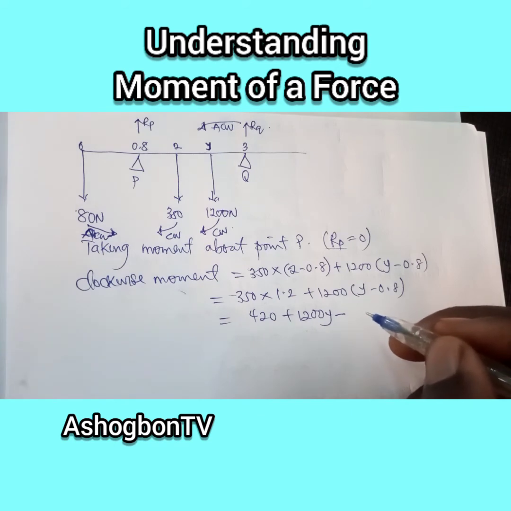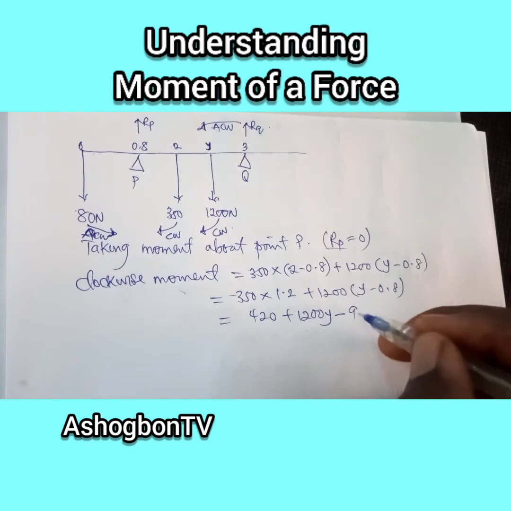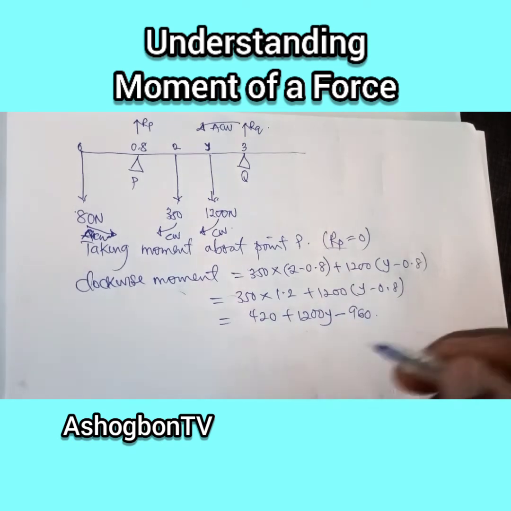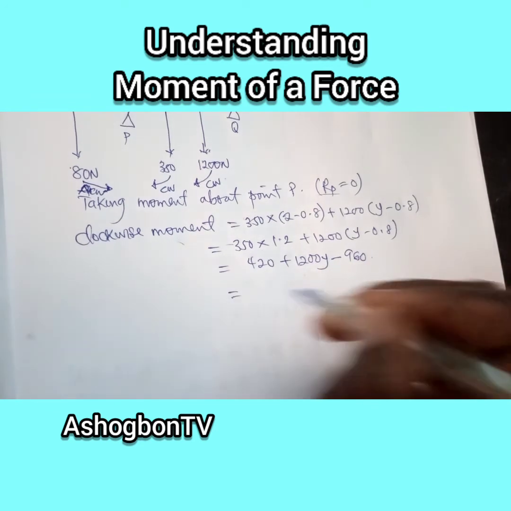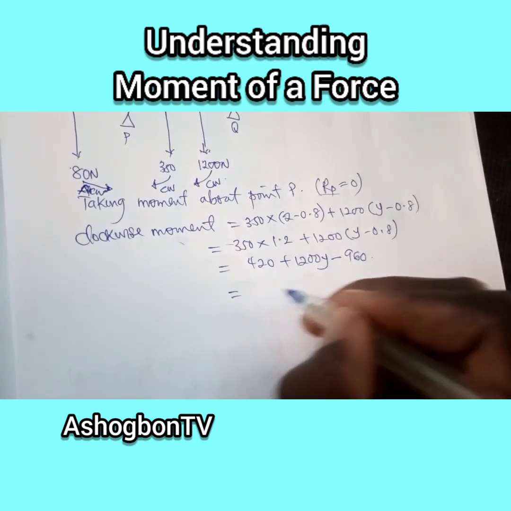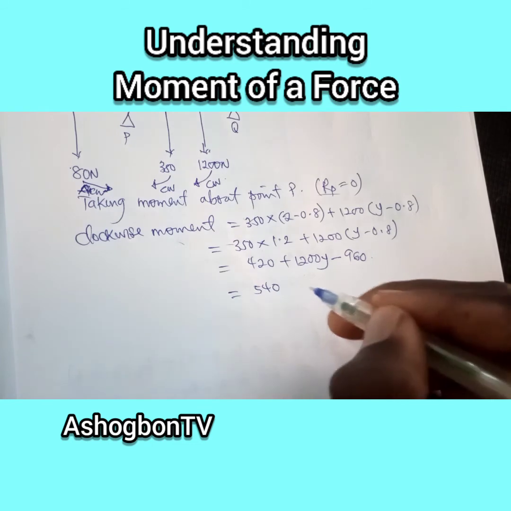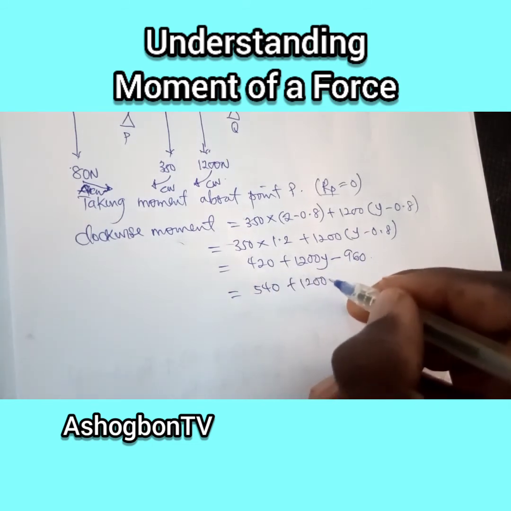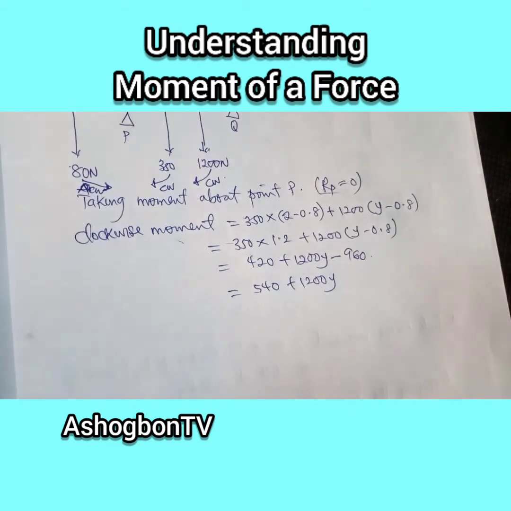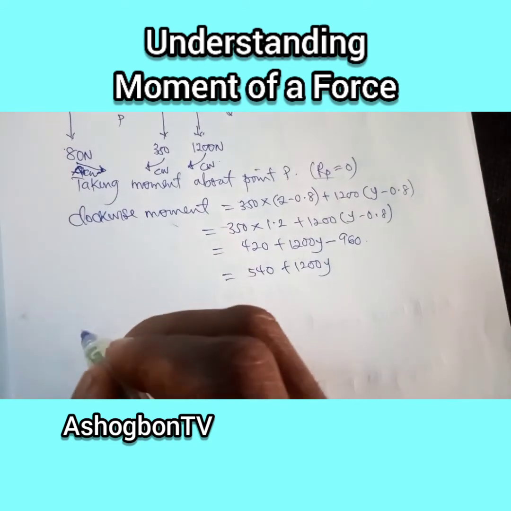That should give you 960, if I'm not mistaken. You are free to always use your calculator to verify that. So you want to find the difference. You have 540 here plus 1,200y. So that will be that for the clockwise moment.